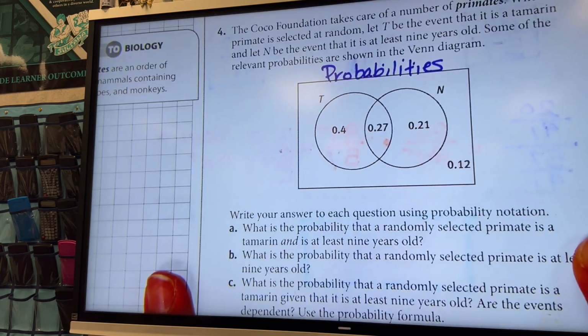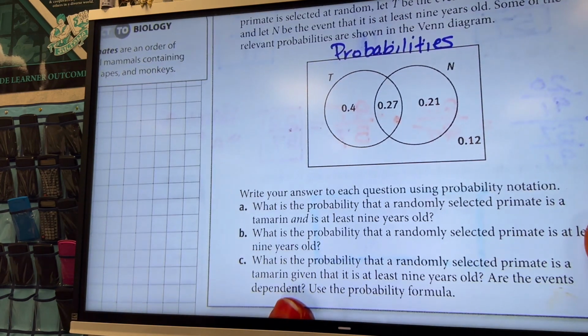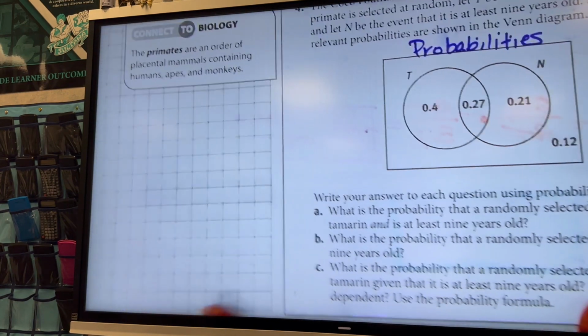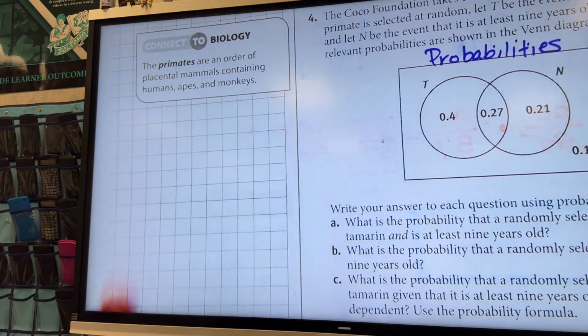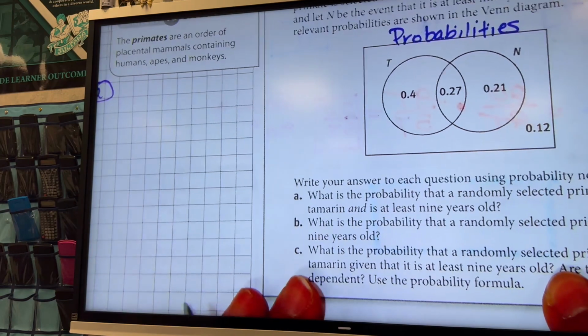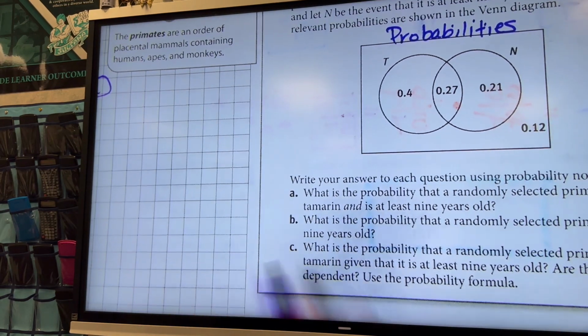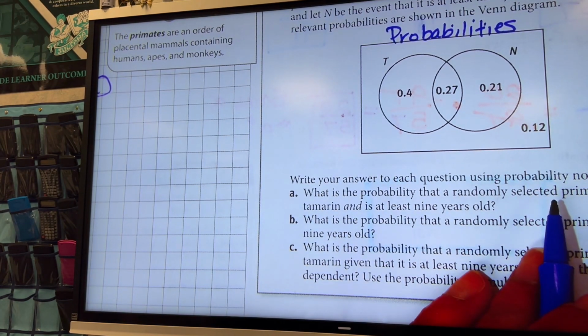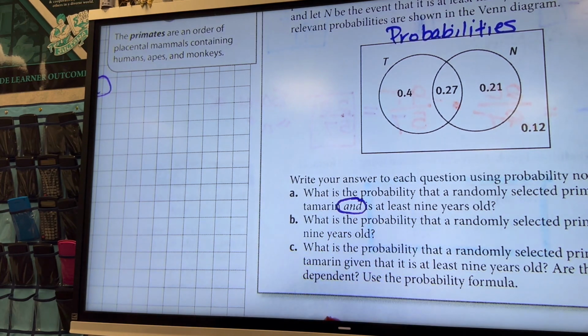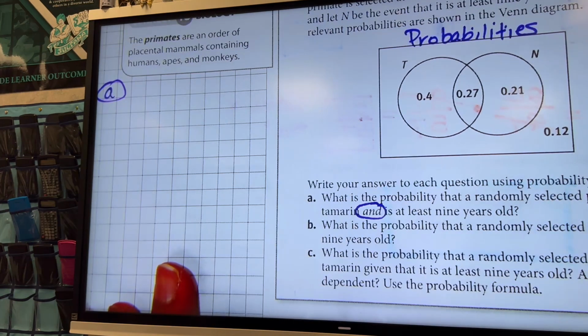Okay? So for A, B, and C, it says write your answer to each question using probability notation. There's like no room to work here, so I'm gonna put A, B, and C's answers over here on this left-hand side. Start with A up there. It says, what is the probability that a randomly selected primate is a tamarin and at least 9 years old? Where's the and section?